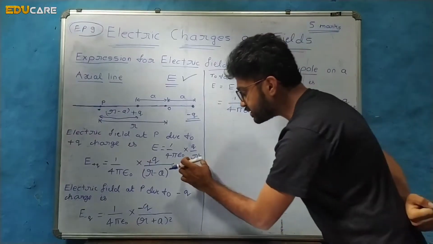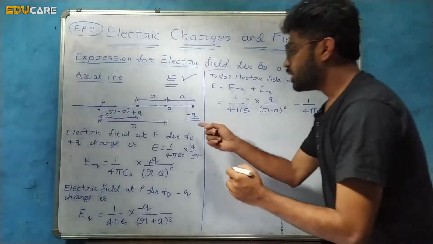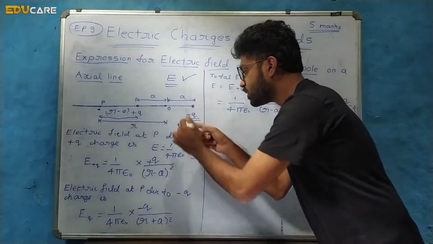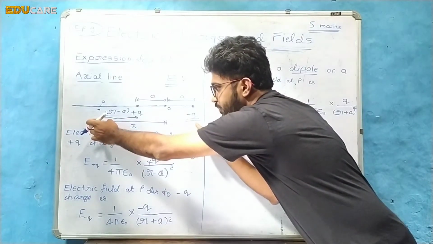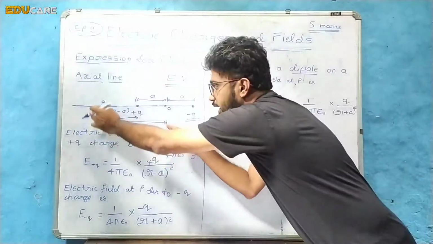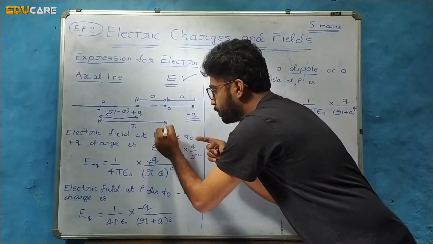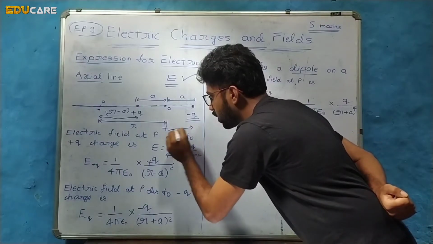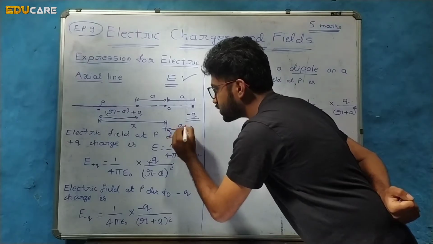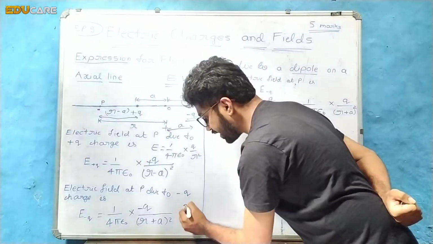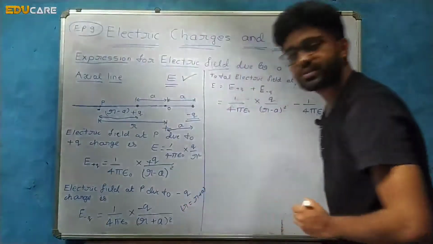And the next one is the distance R. We write it here as (R plus A) whole square, because we have to calculate the distance from minus Q charge to P, which is R, the distance from P to O, plus the distance of minus Q from O, which is A. So we can write R as R plus A. I think it's clear now.